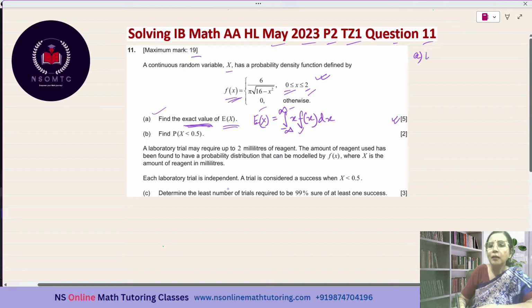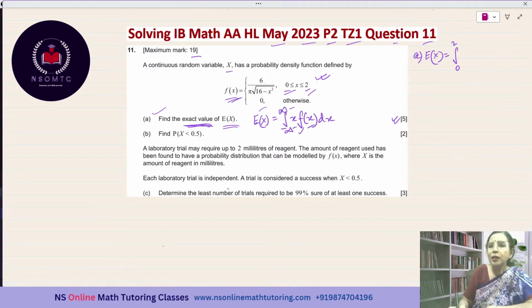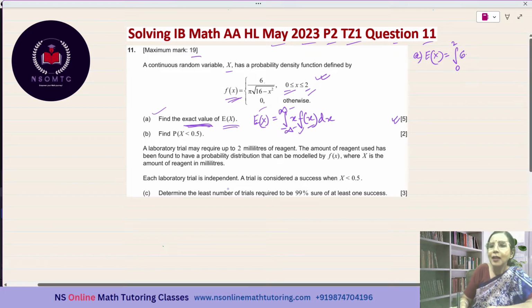So part A, this is the integral from 0 to 2 of 6 over this, times x, because it is x times f of x. So the numerator will be 6x over pi times square root of 16 minus x squared, dx.